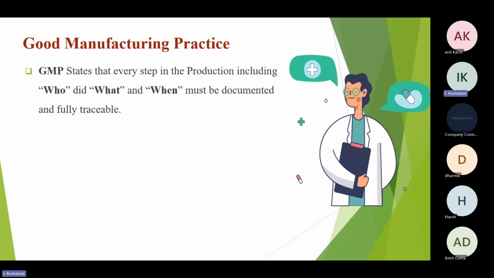Everybody has their own responsibilities as defined in the respective document. In pharmaceutical industries, for these documents they use the term SOP, the standard operating procedure. In the respective SOPs, we define what, when, and who will do those activities.